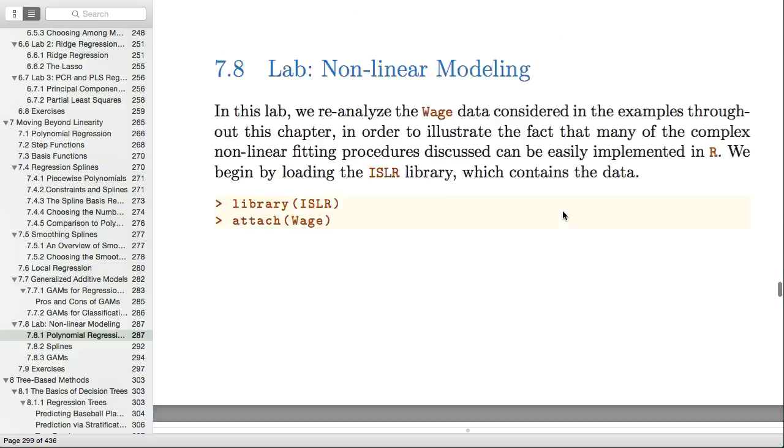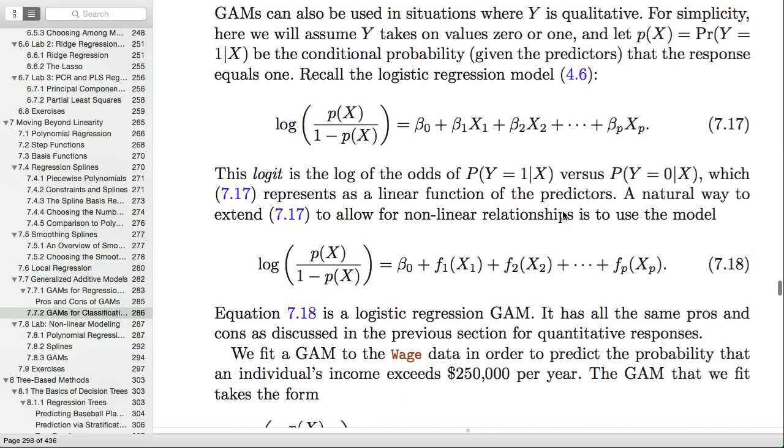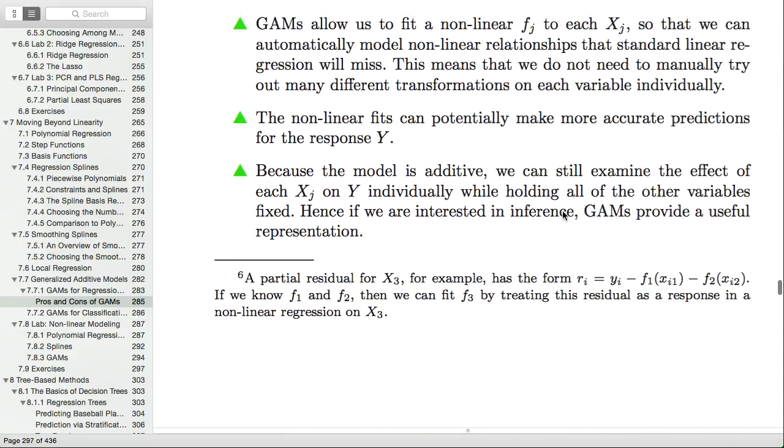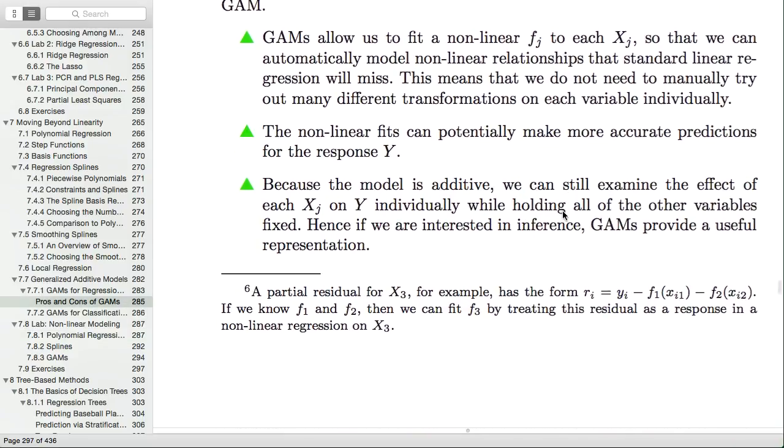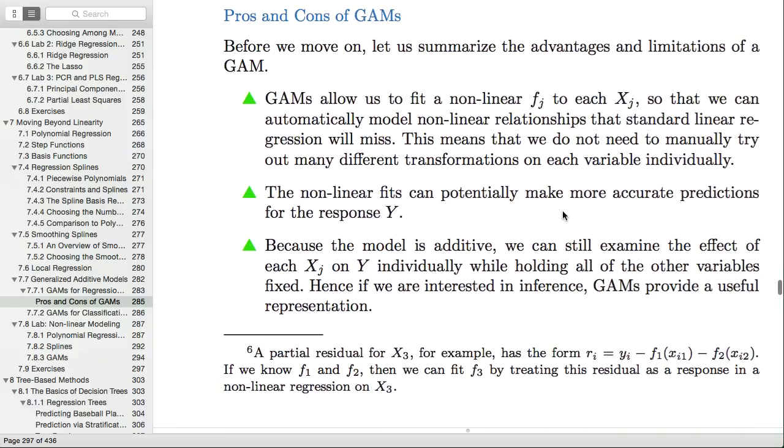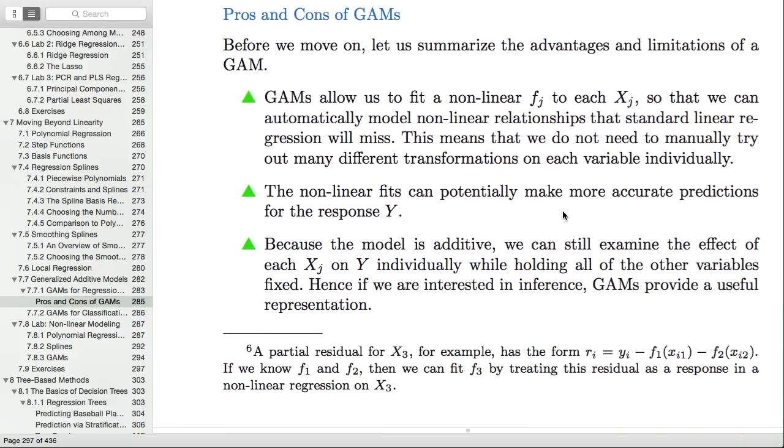Okay, and that's about it for general additive models, except that I'd like to go over the pros and cons. Some of the pros are sort of versions of each other. The fact that it allows us to give a nonlinear fit is good, because it's better than standard linear regression. Nonlinear fits can be more accurate.